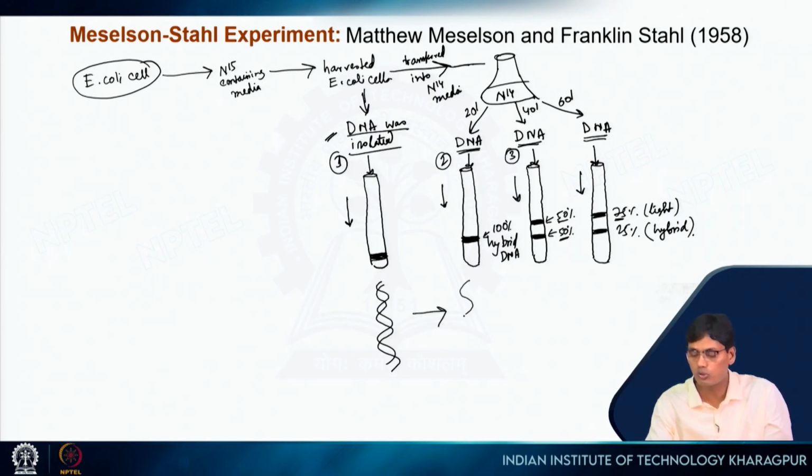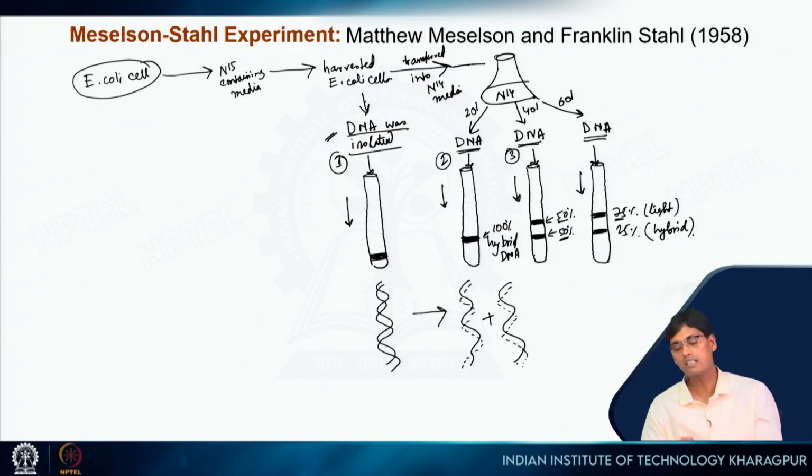In the next round of replication, we have one strand with heavy nitrogen, and this is the new strand with dotted line. Similarly, here a new strand with dotted line. So as a result of that, this DNA is now hybrid. They have one heavier strand, one light strand, and they are settled here. So as you can see here, 100% hybrid DNA. This is because of semi-conservative replication.